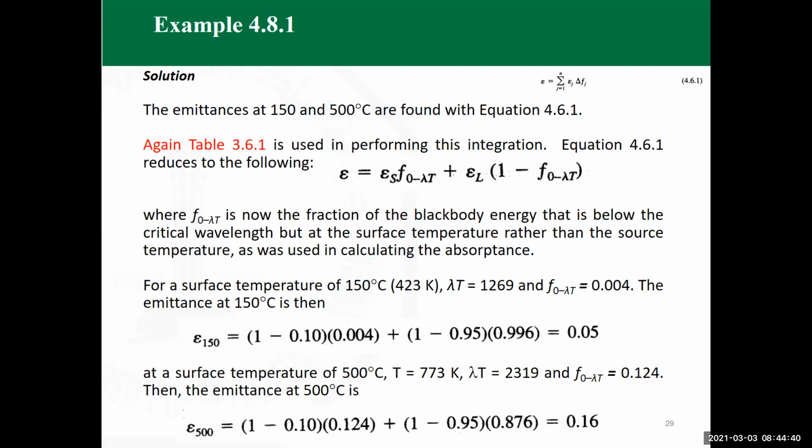So we have a surface here which is receiving 88% of the energy and emitting somewhere between 5% to 16% depending on the temperature, which means that the surface itself is getting the benefit of that property of selective surfaces in a way that it is receiving a substantial amount of radiation and emitting only a smaller quantity of it.